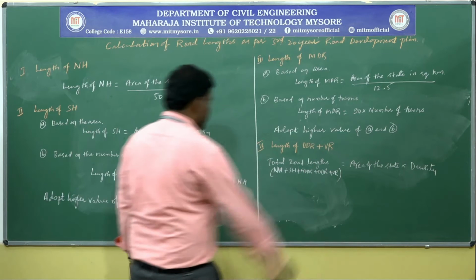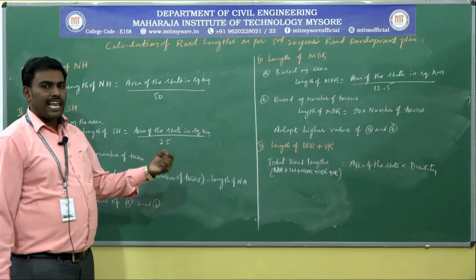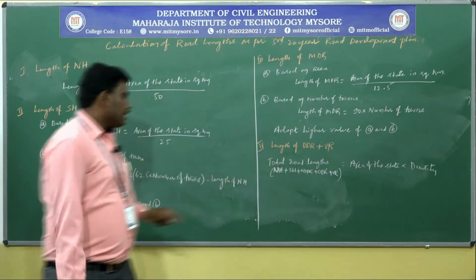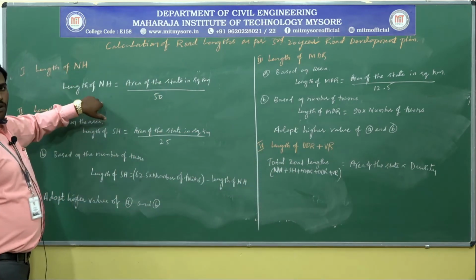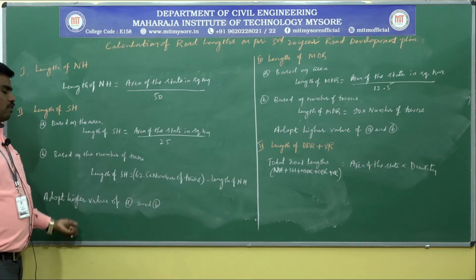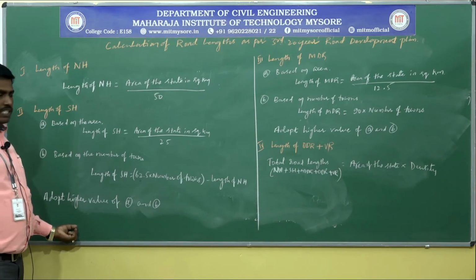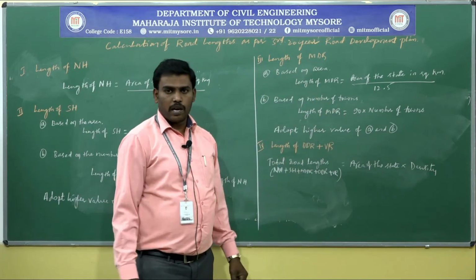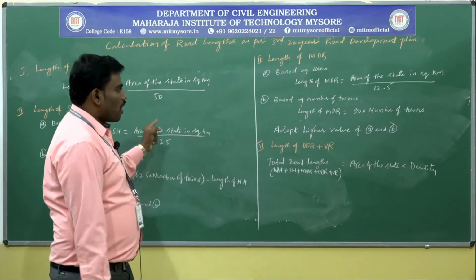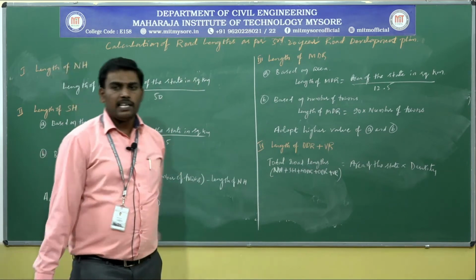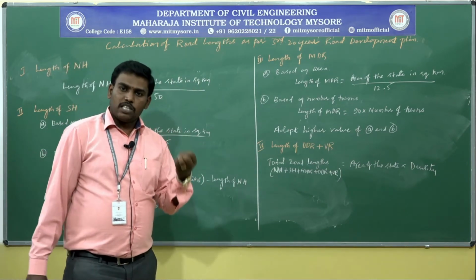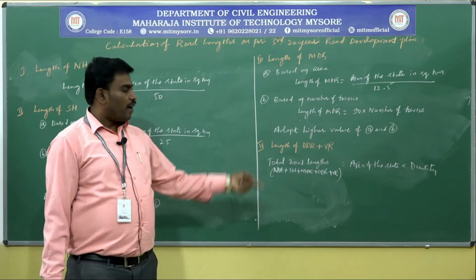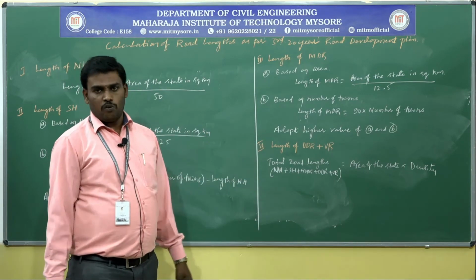Okay. Next step is, you should calculate the length of NH, SH plus MDR, because in step number 1 we get the length of NH, in step number 2 we get the length of SH, and in step number 3 we get the length of MDR. So using step number 1, 2 and 3, you should find the length of NH plus SH plus MDR together, to find the length of ODR plus VR.